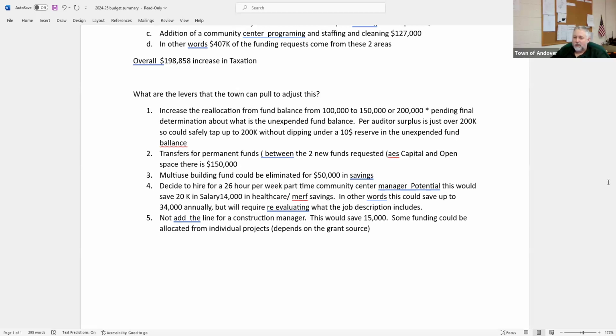And that automatically implies if they're a part-time position, they have healthcare for one, not healthcare for two, which is what I was estimating in this. So that would net you about $34,000 in savings. And you could also not add the line item for a construction manager. That saves around $15,000.